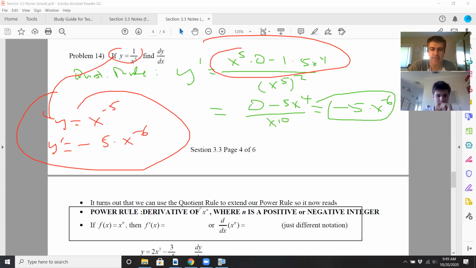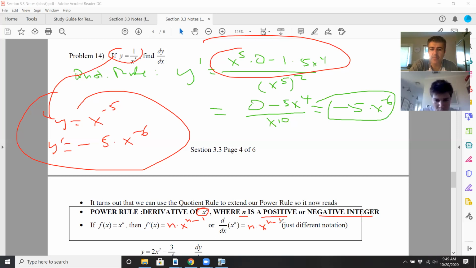The power rule, x to the n power, can be applied whether n is positive or negative, doesn't matter. So if I have x to the n power, again, just do this. And who cares if n's negative? It doesn't matter. Same thing. I have different notations, f prime, d/dx of x^n, doesn't really matter. By the way, n could actually be irrational or rational.